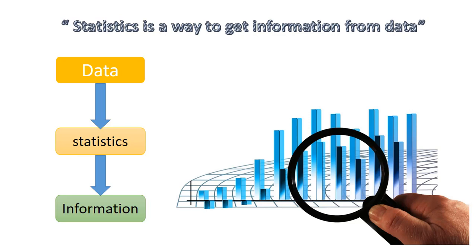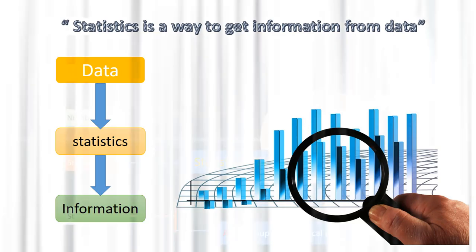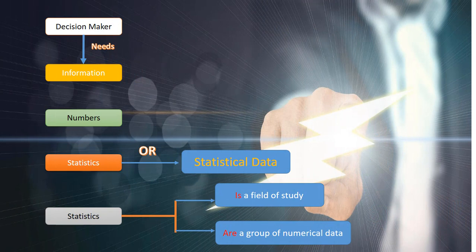It means first we need to collect the data, and with the help of statistical tools and techniques, this unprocessed, raw form of the data can be changed into information. Remember that decision makers need information, and the information will be in the form of numbers, and the numbers will come through statistics.